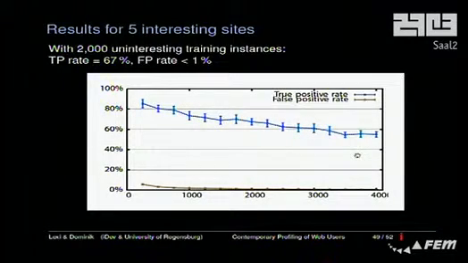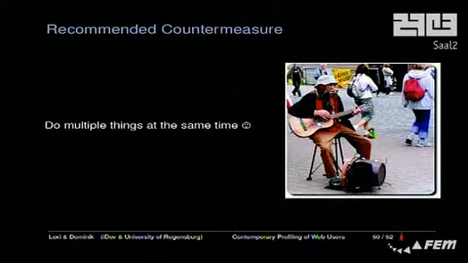And the graph looks like this. The answer to the question is you should use 2,000 uninteresting training instances in order to get a low false positive rate, and the true positive rate stays at 67%, which is still pretty bad from a privacy research standpoint. So what should you do?